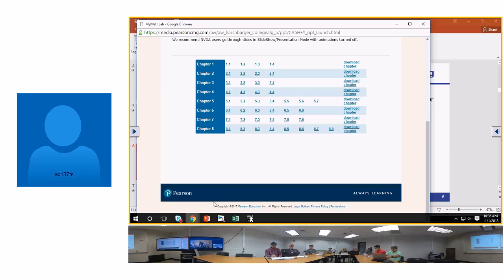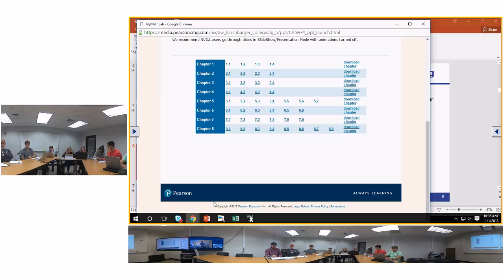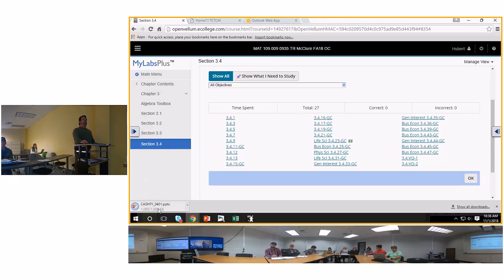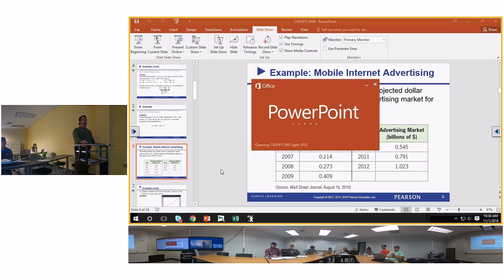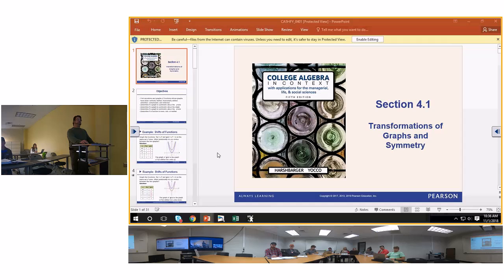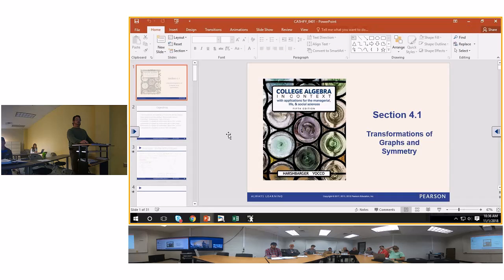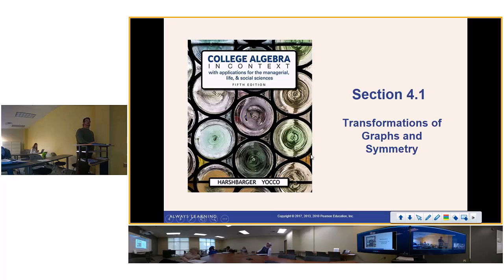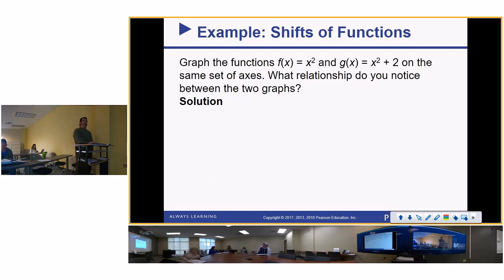Y'all are going to think it's easy because we've been going over it for the last 3 or 4 weeks. But let's see, slideshow. Okay, what's the difference between these 2 graphs?